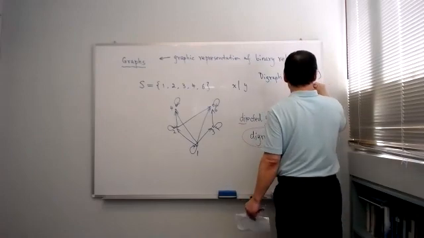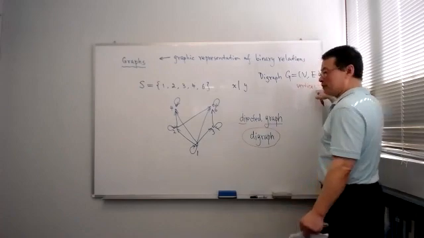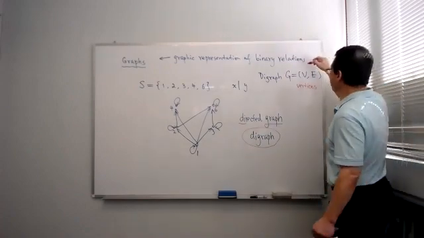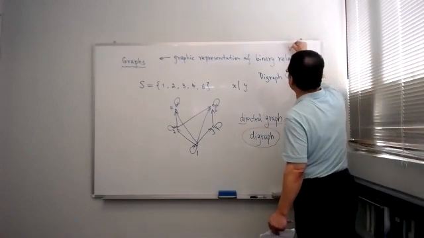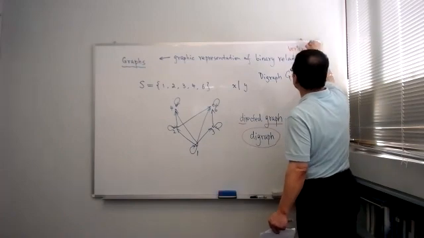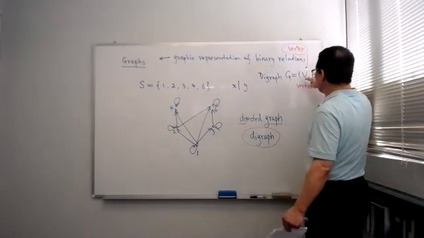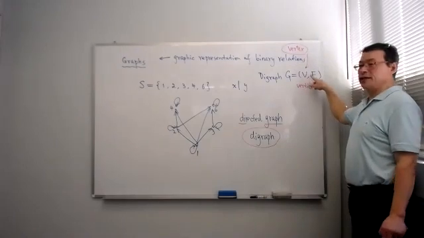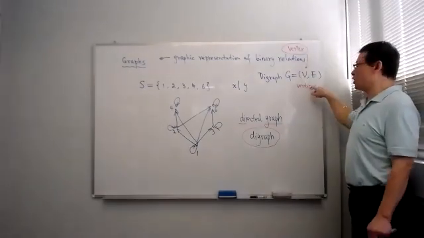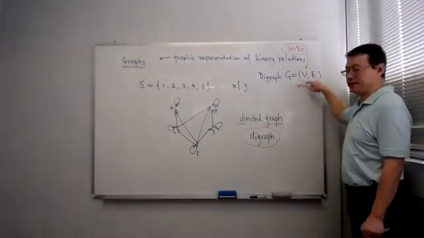This is a plural form. The singular form is called a vertex. Each element is called a vertex. The set of vertices is the plural form. So V is called vertices.